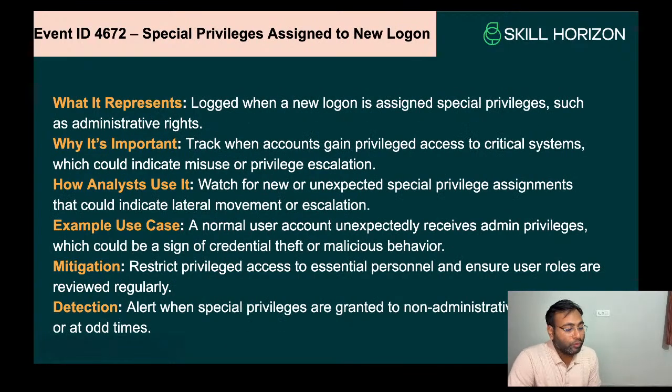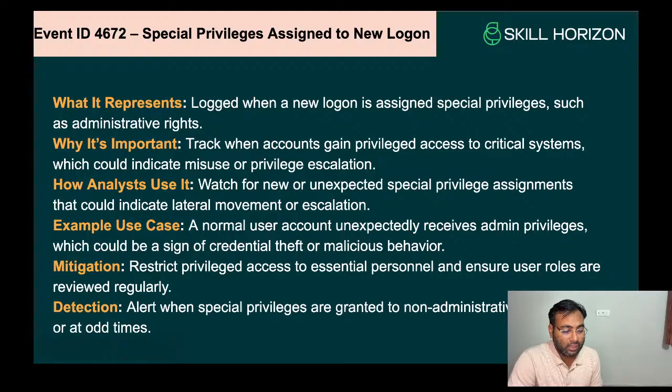Okay, moving on. The next event ID we have is 4672, which is used for special privileges assigned to a new logon. While there is new login activity, if any special privilege is assigned, then this event ID will be generated. It is logged when a new login is assigned special privileges such as administrative rights.